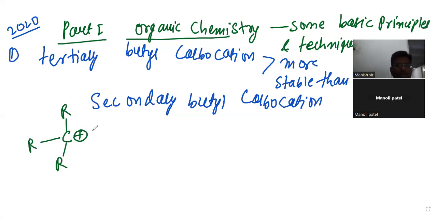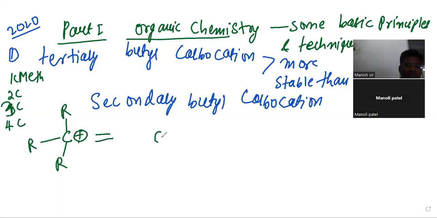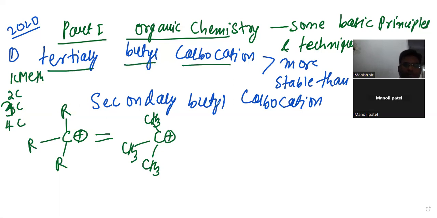Butyl means how many carbons? One carbon is meth, eth, prop, but, so 4 carbons are there. This plus is connected with these 3 methyl groups of carbon. So this is your tertiary butyl carbocation.